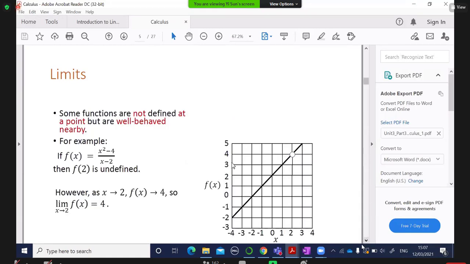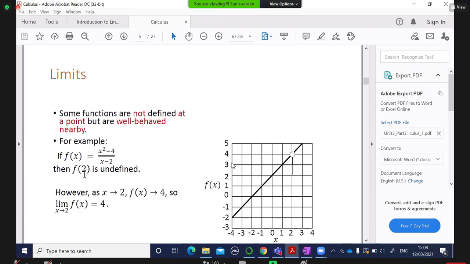Why do we need limits? Let's have a look at an example. Some functions are not defined at a point but are well behaved nearby. For example, this function expression given here.